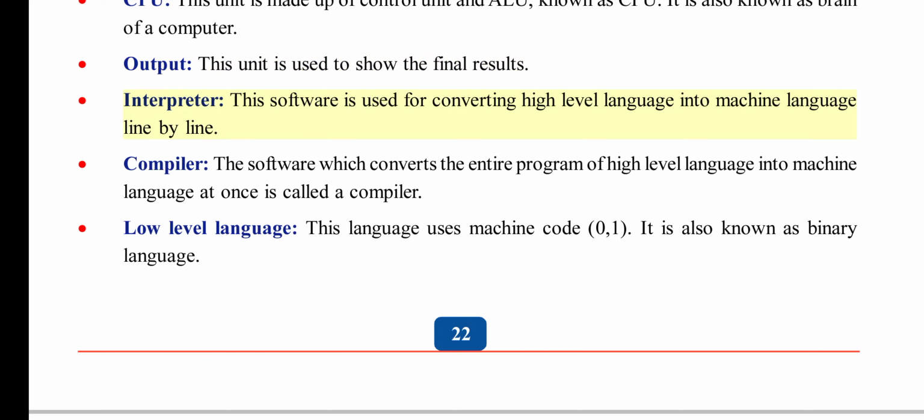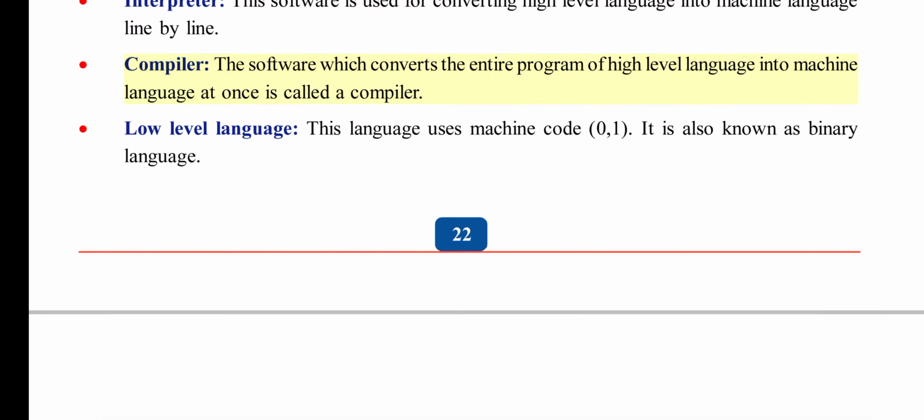Interpreter. This software is used for converting high-level language into machine language line by line. Compiler. The software which converts the entire program of high-level language into machine language at once is called a compiler. Low-level language. This language uses machine code 0, 1. It is also known as binary language.